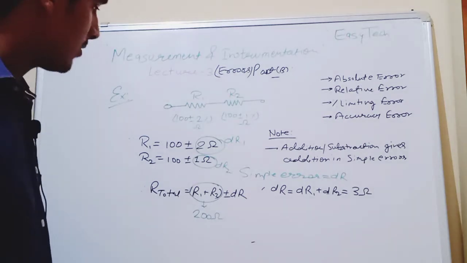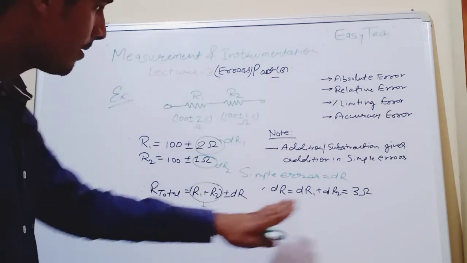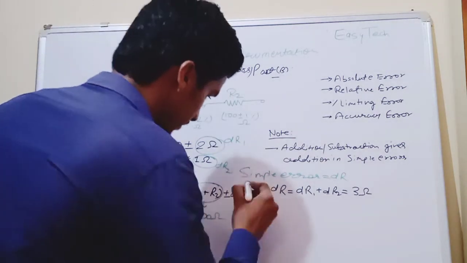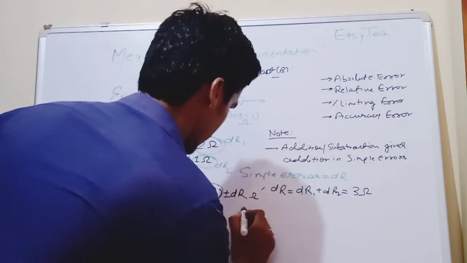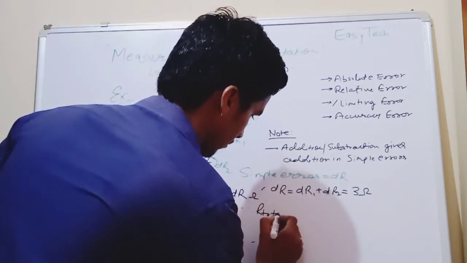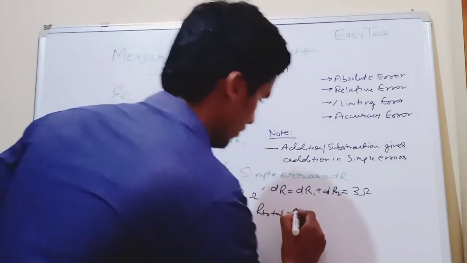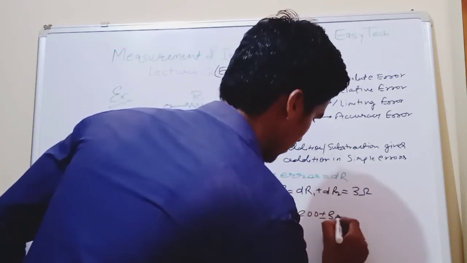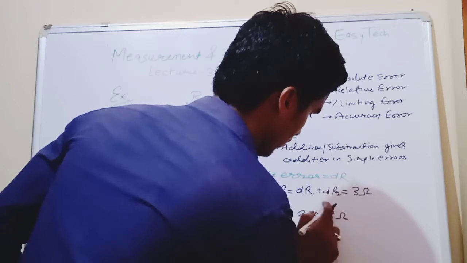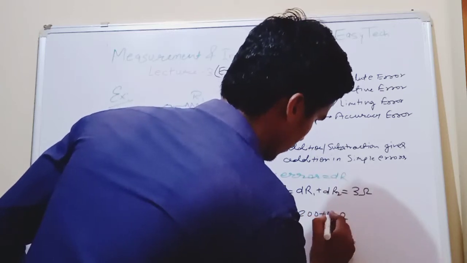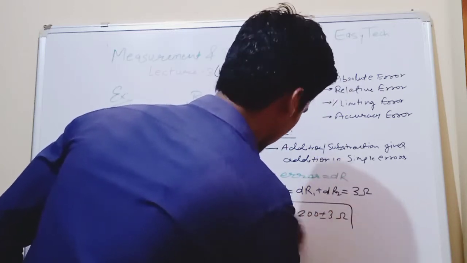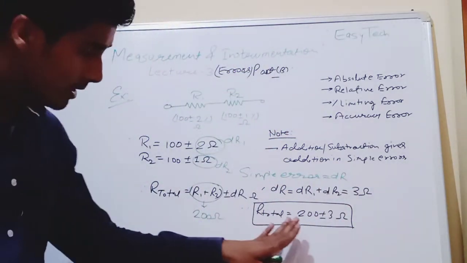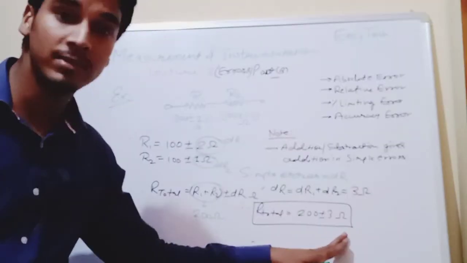So the resistance will be 200 plus minus 3 ohm. Please understand, the total resistance is equivalent to 200 plus minus 3 ohm.